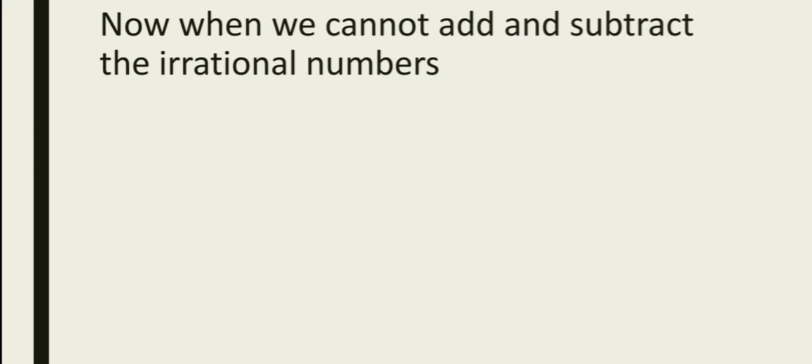Now, when can we not add and subtract irrational numbers? When the irrational numbers are unlike. Unlike, as we know in the case of polynomials having different variables, right?